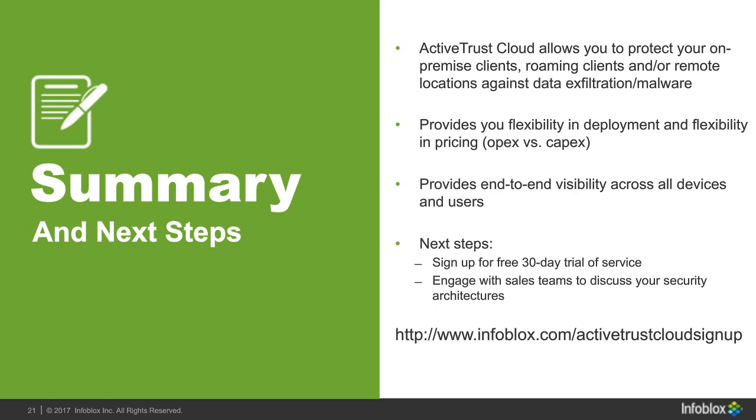We have tiers of service ranging from 500 protected users all the way up to 60,000 protected users and beyond. So depending on the size of the organization and the number of protected users and devices that you need, you can choose the tier of service, and it gives you all those capabilities that we talked about against DNS-based threats.